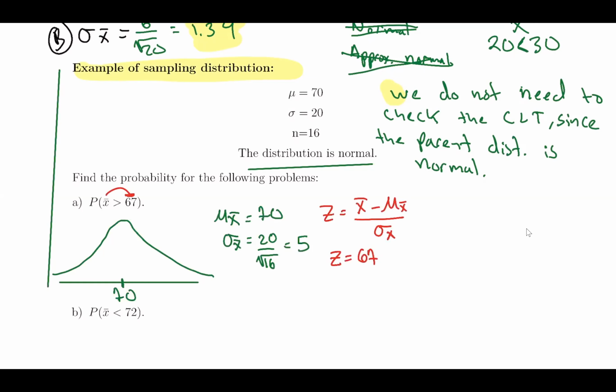Because remember, we want to find the probability that the average of those 16 objects is greater than 67. So x bar is equal to 67. Then we're going to do minus mu, and you're going to divide this by our standard deviation of x bar, which we found to be 5.